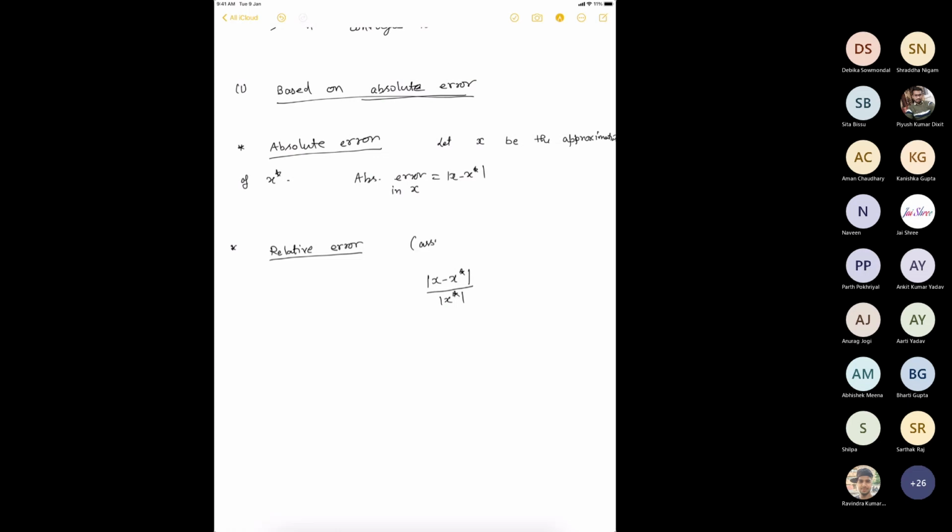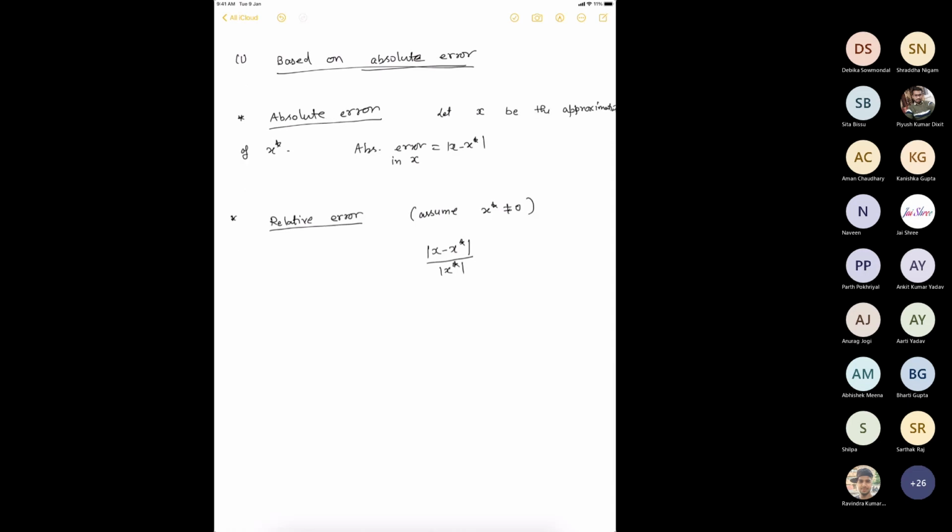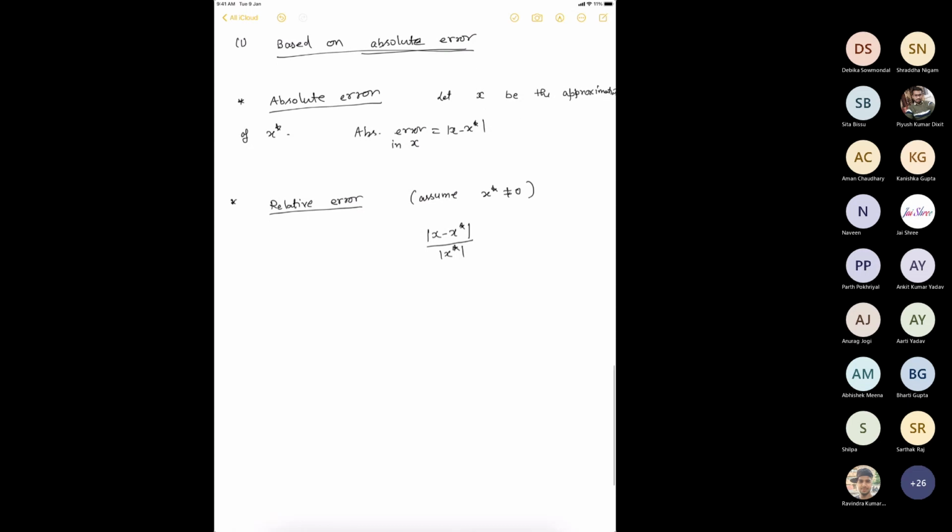But here you can see that I have to assume that x star is not equal to 0. So these errors can be used to stop the iterative algorithm. We'll see how. Now, one more point I would like to put here: these relative errors are more significant. So let me just write it.